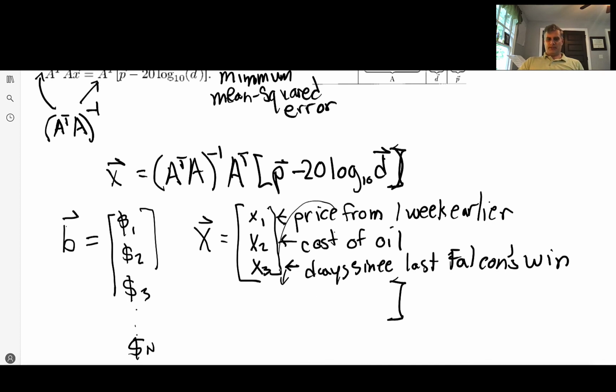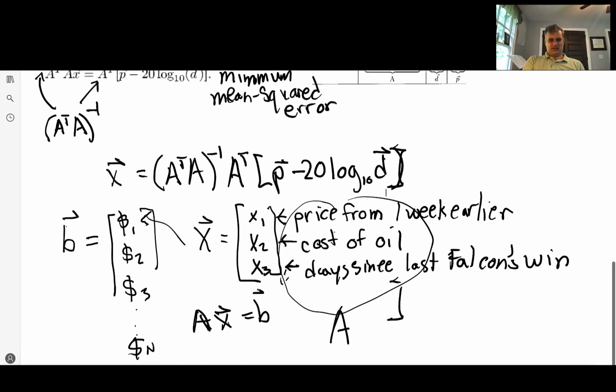So you populate all this data into an A matrix for every measured point you have, and then you have a system, AX is equal to B. This is your hypothesis. And you solve this with the normal equations.